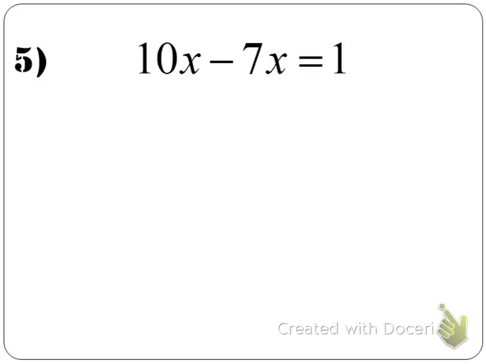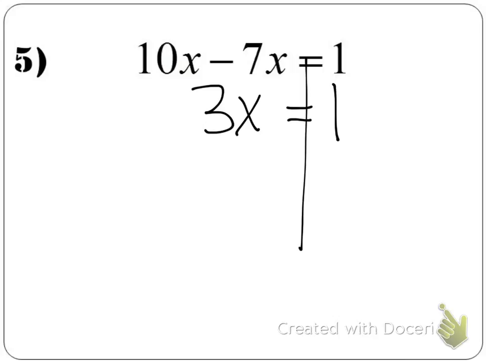What should we do first? 10x minus 7x. What is 10x minus 7x? 3x. Very good. So you have 3x equals 1.